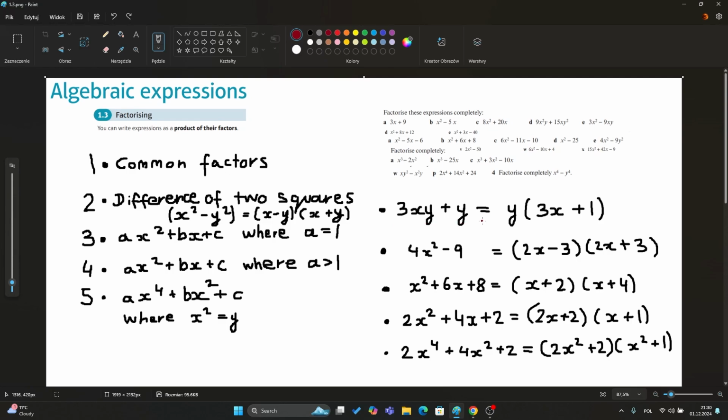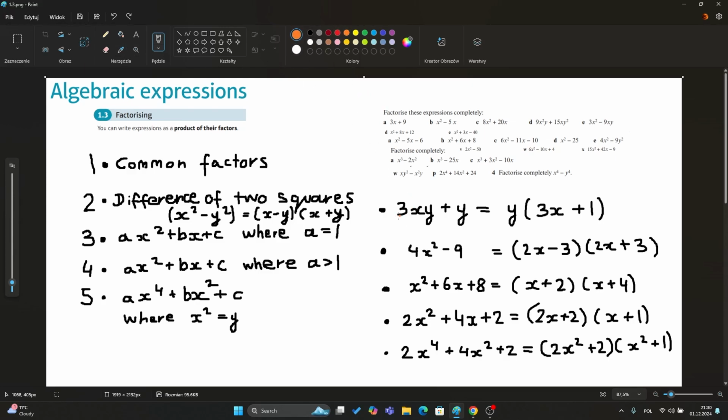So we can pull out the y and we can write 3x plus 1, because y times 3x gives 3xy, and y times 1 is just y, so it's the same as that. To put the numbers in brackets, you have to think of what I need to multiply y by to get 3xy and to get y. Simple, we just take out the common factor.